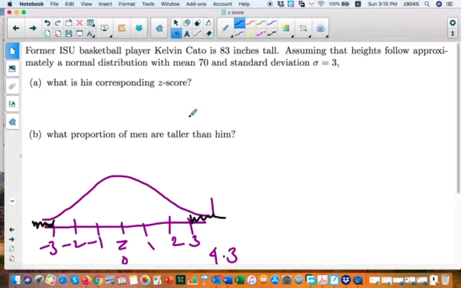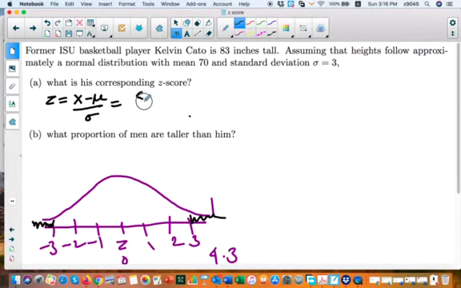Former ISU basketball player Kelvin Cato is 83 inches tall. Assuming that the heights follow approximately a normal distribution with a mean of 70 and standard deviation of 3, what is the z-score corresponding to it? Now the formula for z-score is x minus mu divided by sigma.